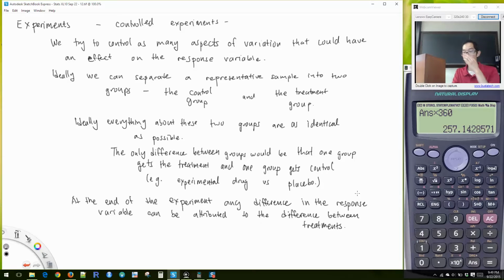Okay, and so with a properly done controlled experiment, you can make cause and effect conclusions.